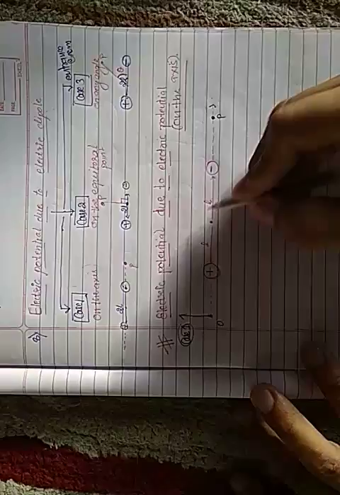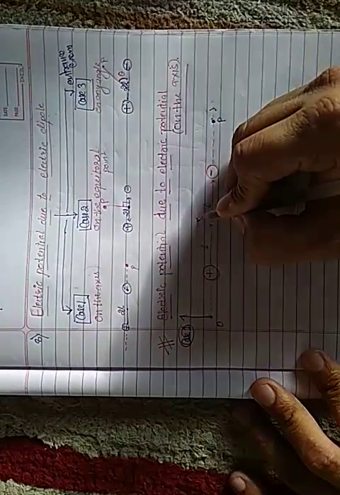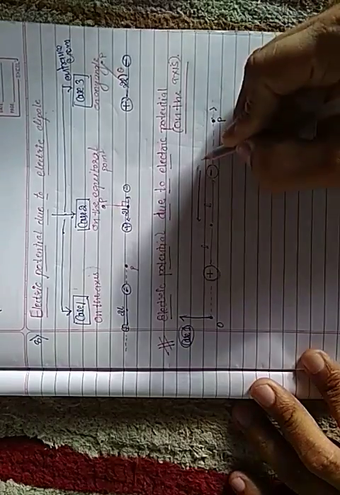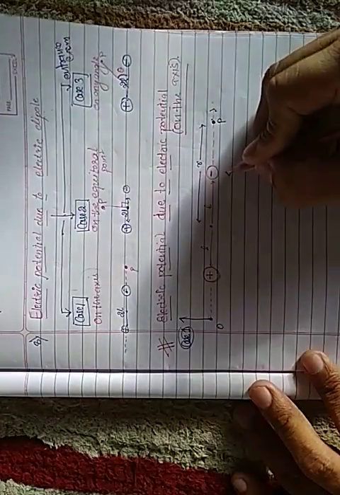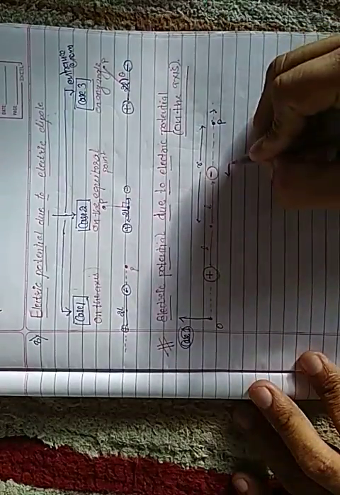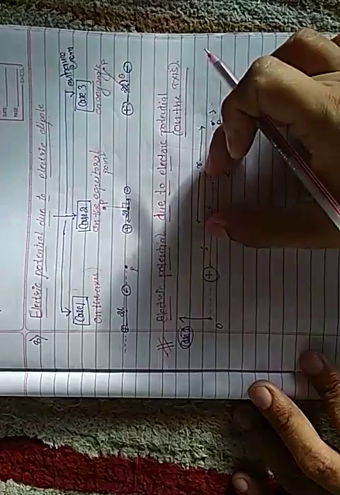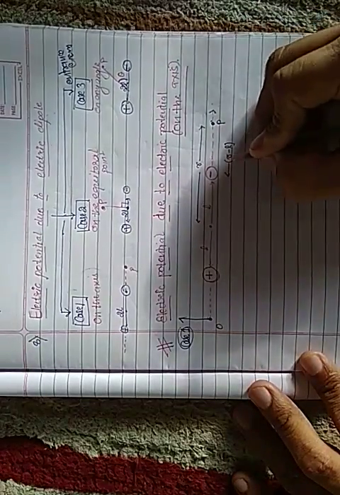From center to point P, I am choosing a distance r. Now if this is r, first of all calculate the distance between the point and the charge. If this total is r and this is l, then this is r minus l.